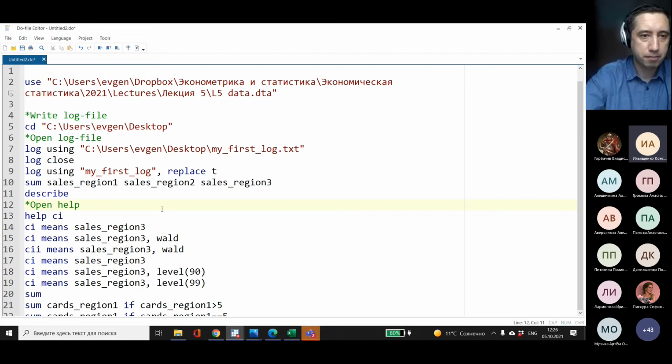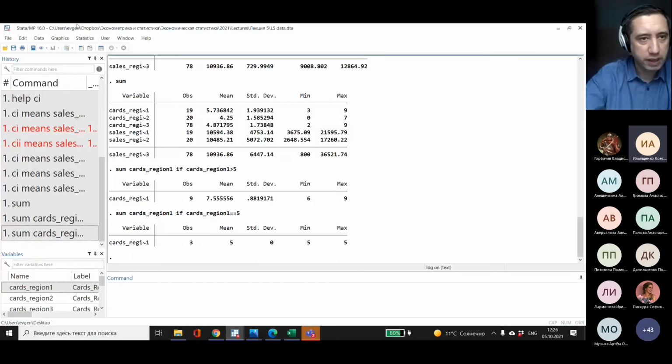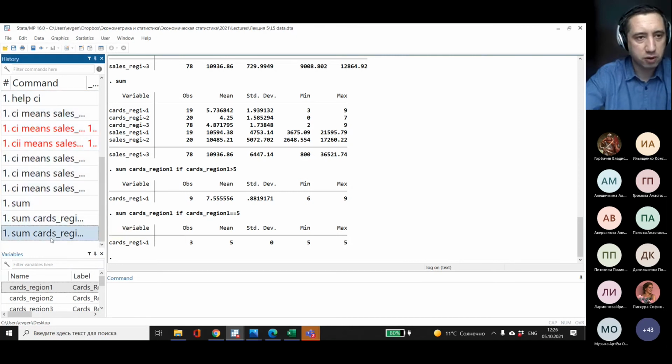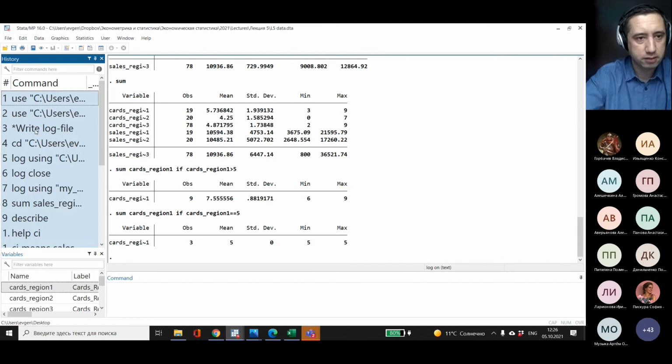Well, can you please repeat all the steps? Look, on your main tab, you should find such a small button. Its name is New Do File Editor. Successful? Yes. Now, select all commands from your command line.